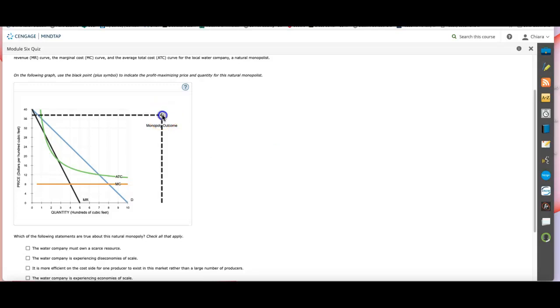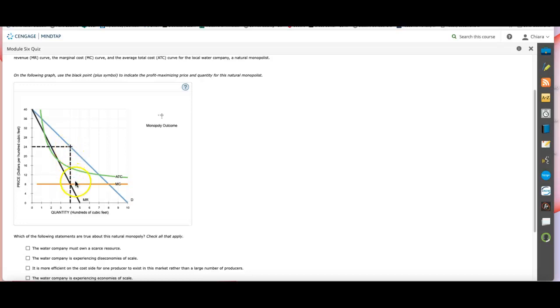In the same case, we're going to find the production quantity where marginal cost intersects marginal revenue. And then we're going to find the price on the demand curve. So it's going to be up here at $24 per 100 cubic feet for a quantity of 400 cubic feet. So that is the profit maximizing price and quantity for this natural monopoly.